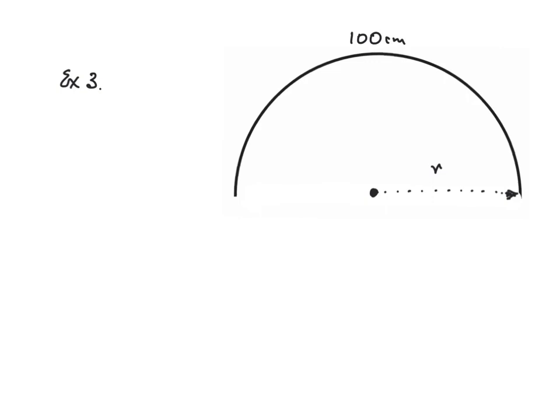Well, what we might do is say if this distance from this point here to this point here is 100 centimetres, what would it be if we had a full circle? If we drew in the full circle, then the 100 centimetres would become 200 centimetres, because 100 centimetres is half of the circumference.